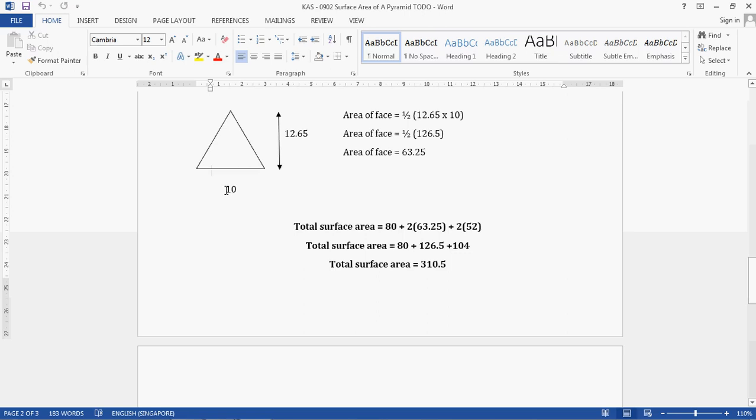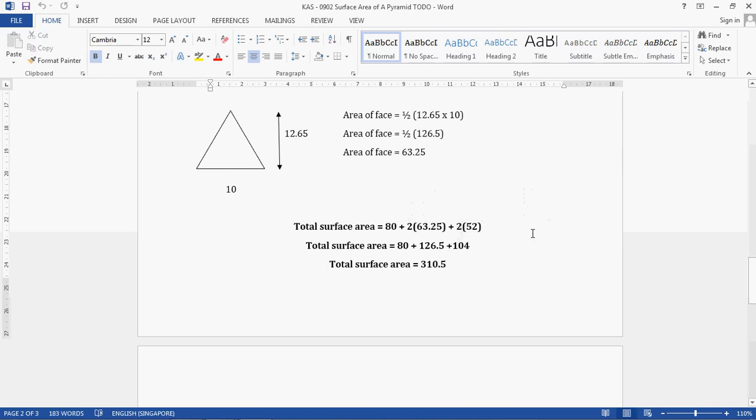I know the base, so I can calculate the area of the face, which is half of the base and the height. Solve this, I should get 63.25. So here's my 63.25. And remember, there's 4 of these, 2 each. So that's why I have the 2 over here and another 2 over here.